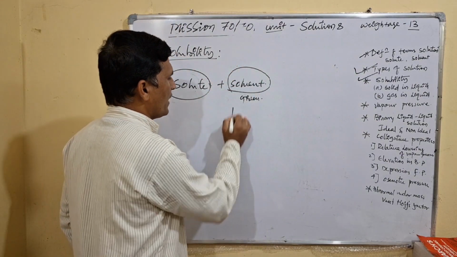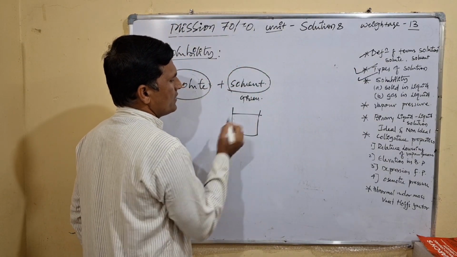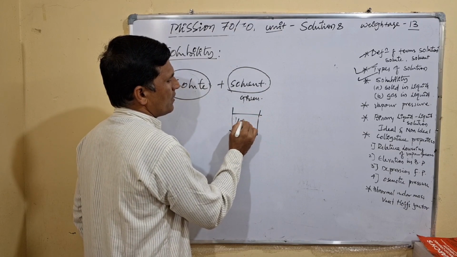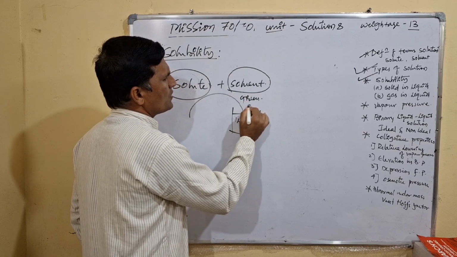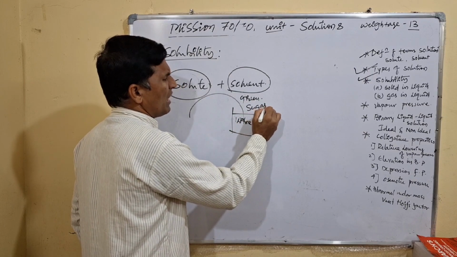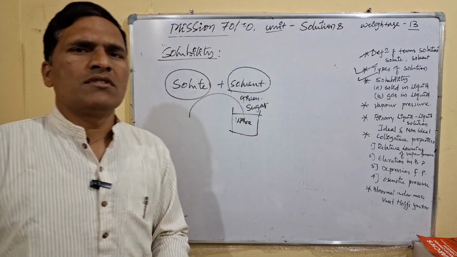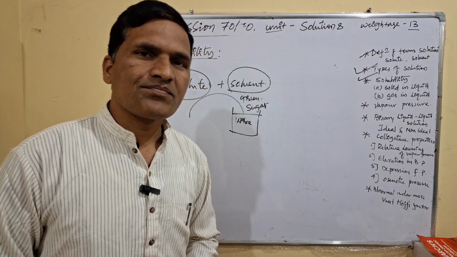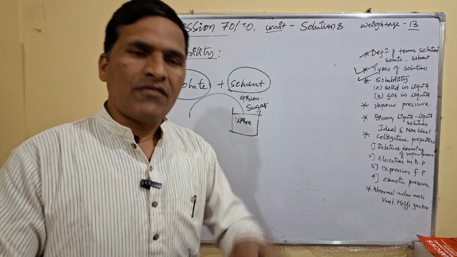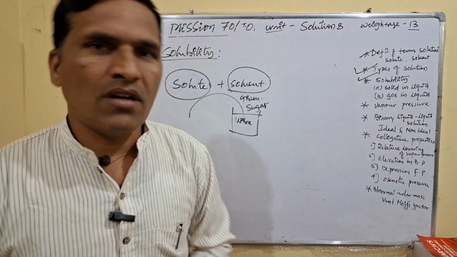Say for example, I took 1 liter of water, which means fixed quantity of the solvent. Then how much amount of the sugar I can dissolve in this? Maximum I am asking. So that we call it as what? Solubility of a given compound in a given solvent.